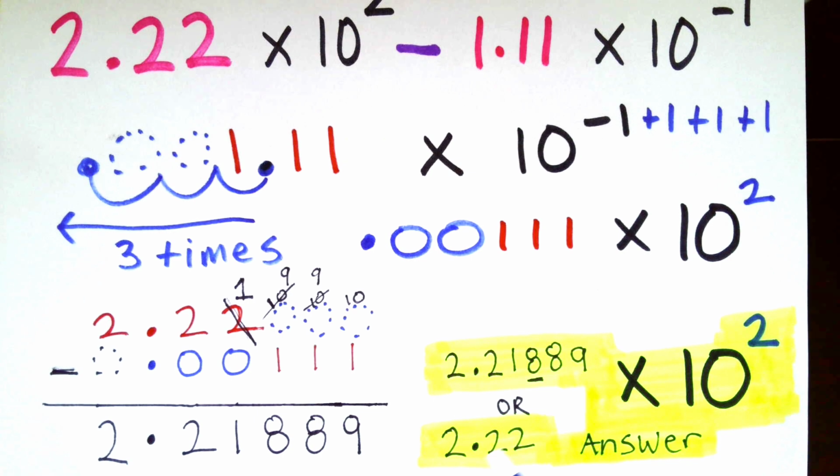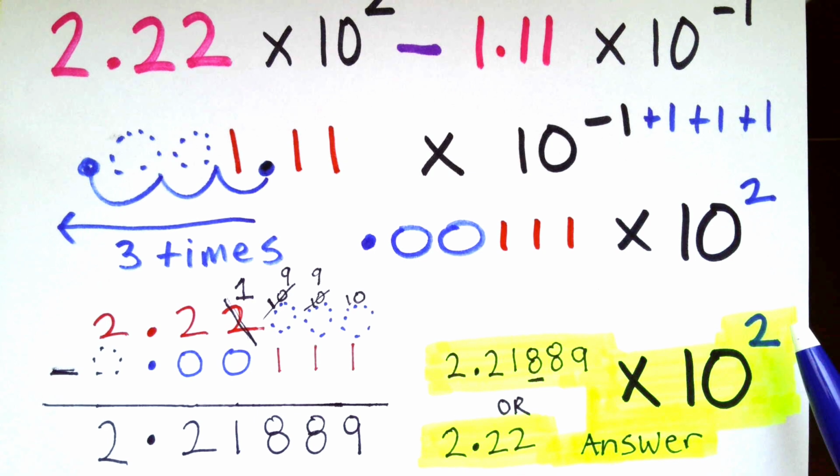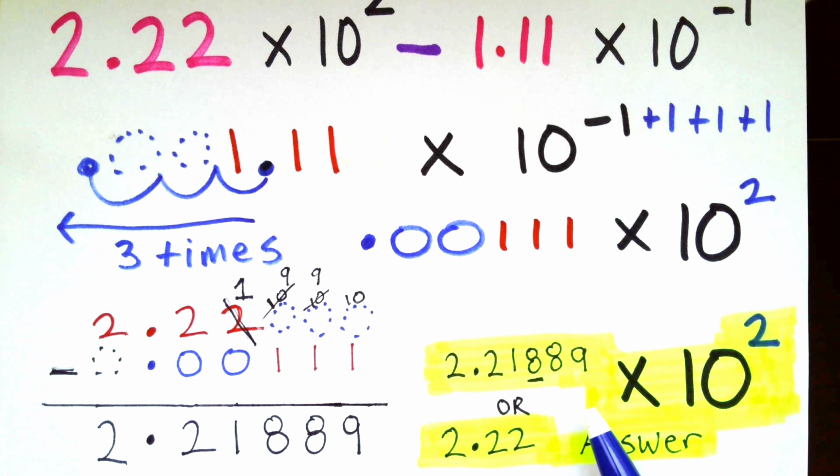So 2.22 times 10 to the second power is also an equivalent answer. It just depends how detailed you want to get. Sometimes scientists want to get very detailed in their answers, but you can round that 1 up to a 2 if the number to the right is 5 or larger.